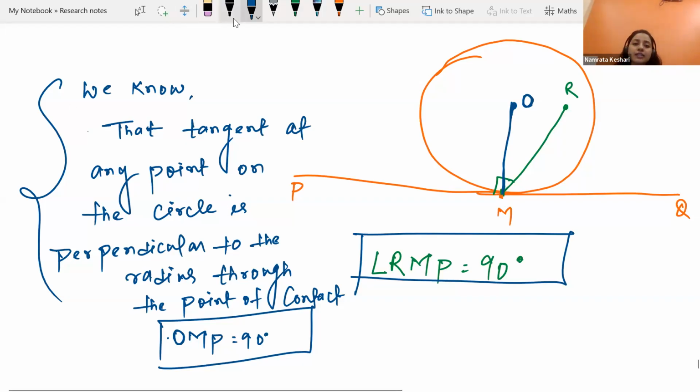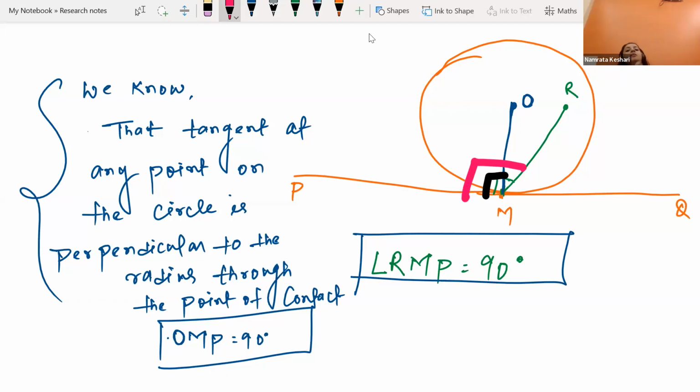What we are saying is that angle OMP is 90, and the one from our assumption is also 90. It is not possible that two lines are both making 90 degree with the same line. So we will say that hence R and O are the same point.